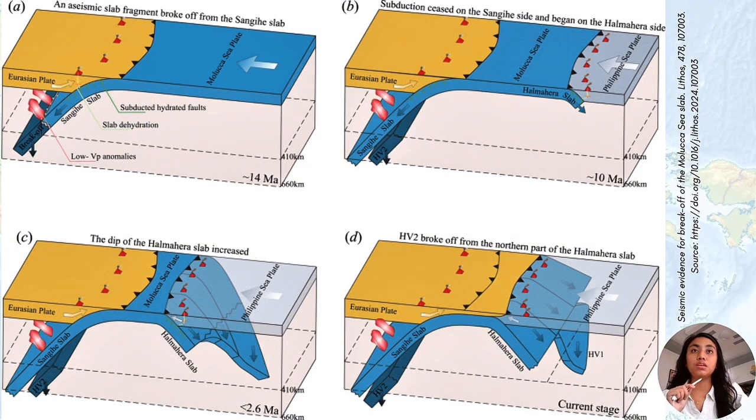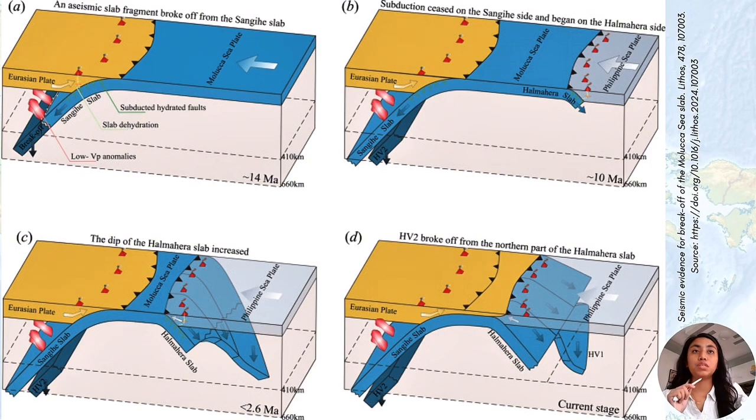In figure C, or 2.6 million years ago, the Halmahera slab stiffened, suggesting increased subduction activity. The Molucca Sea Plate was now being pulled from both sides, forming a complete double subduction zone. And for the last figure, figure D, this is the current stage, or the present day.